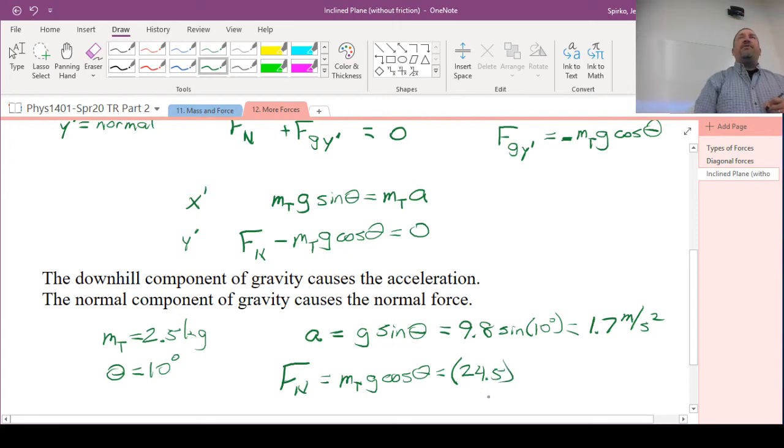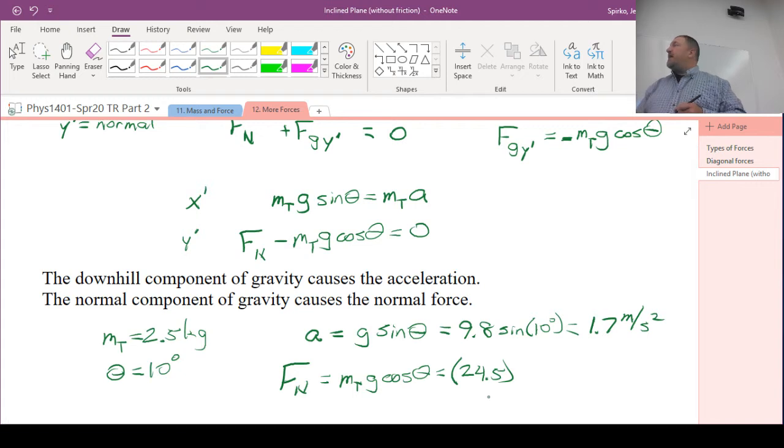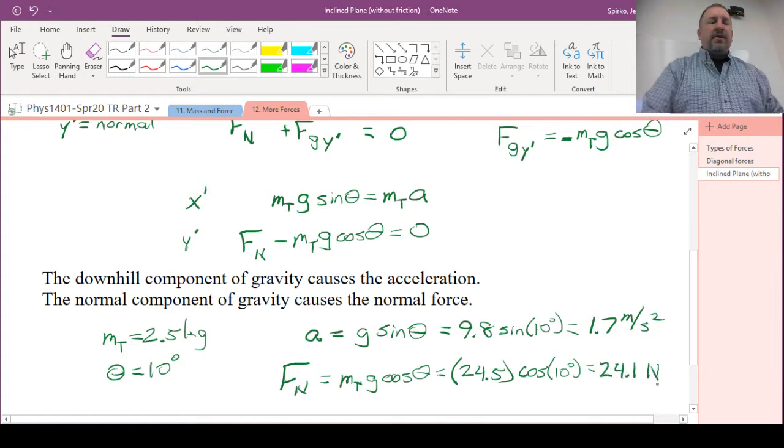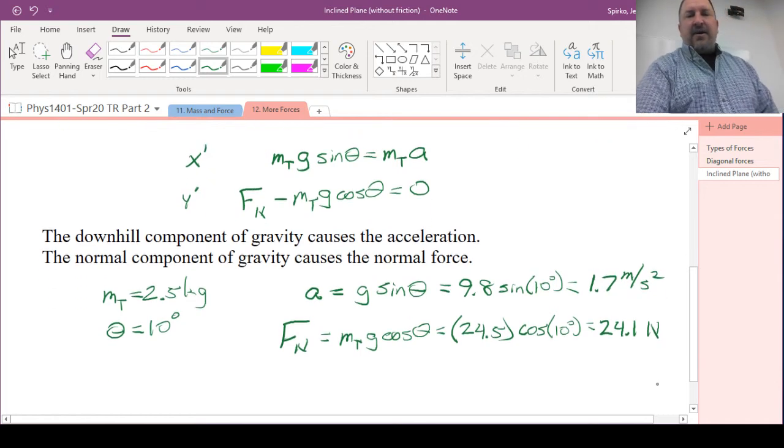We've multiplied 2.5 times 9.8 a few times throughout today. It's 24.5 all day. But now we're multiplying it by cosine 10 degrees. So 24.5 times cosine 10 equals 24.1 newtons.